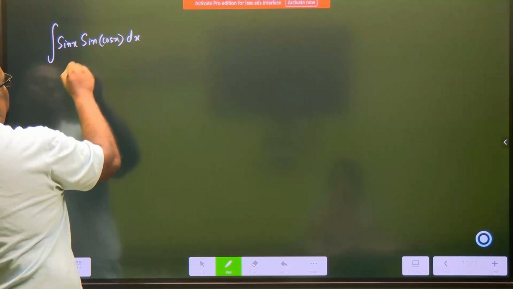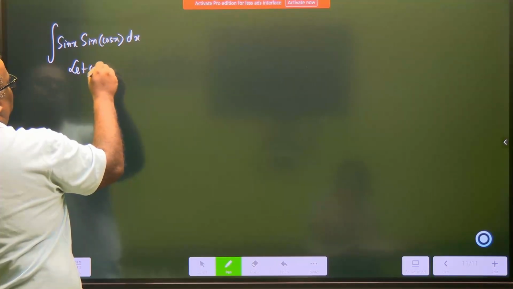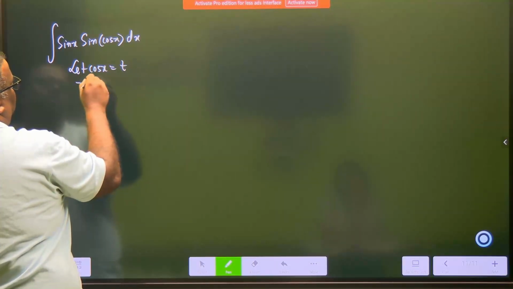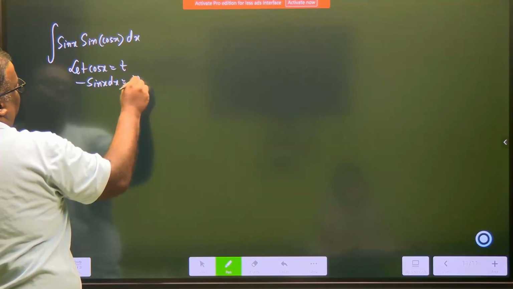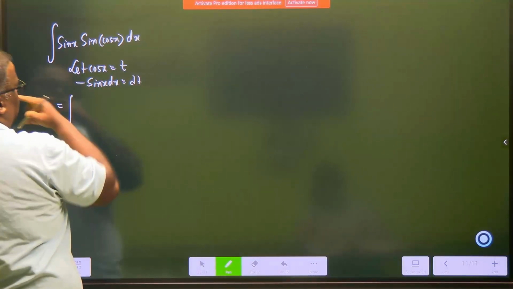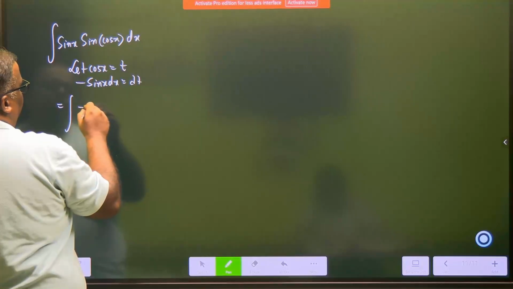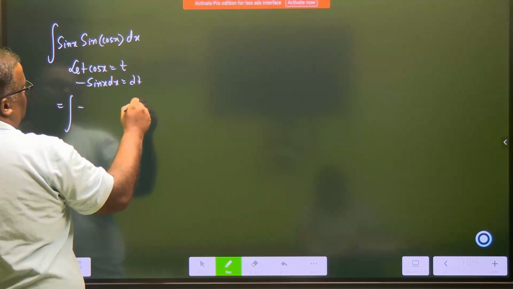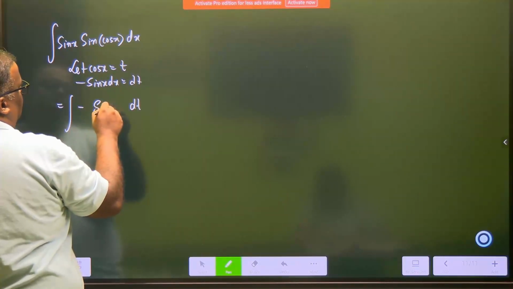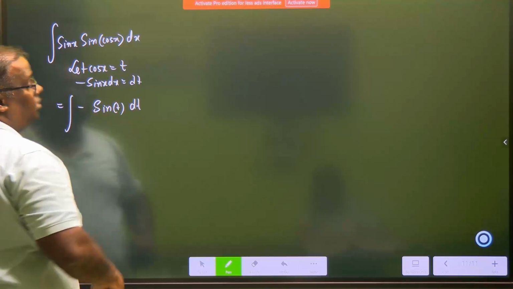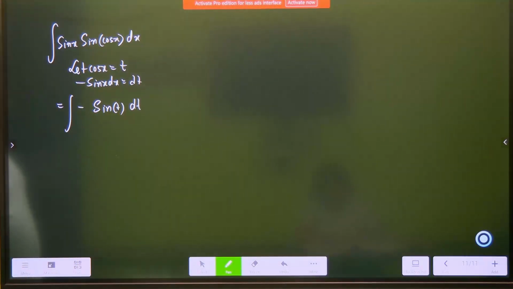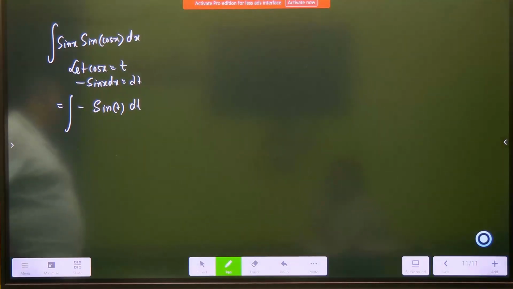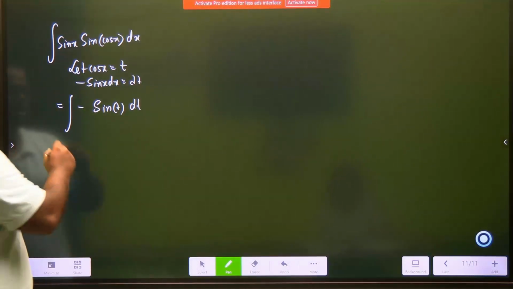Yeah, that's very easy. Let cos x be equal to t. Negative. So the integral becomes negative, so you'll have a dt and sin t. Okay, d/dx of cos x is negative sin x. So here we straight away get cos t.